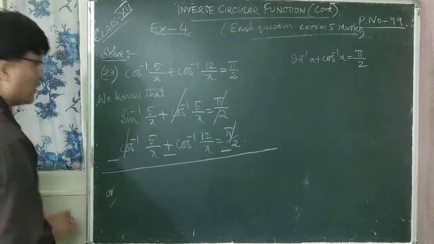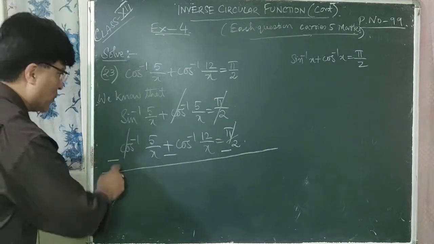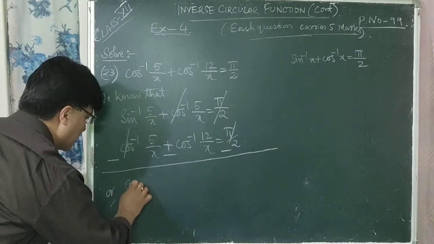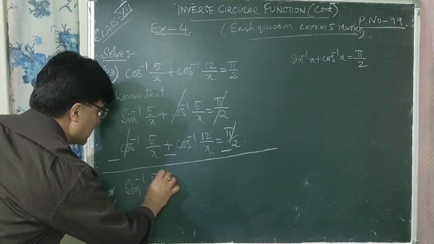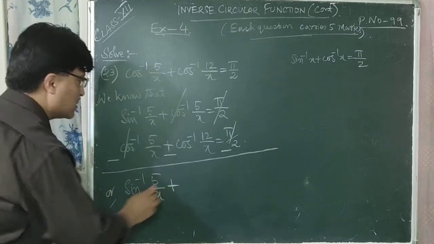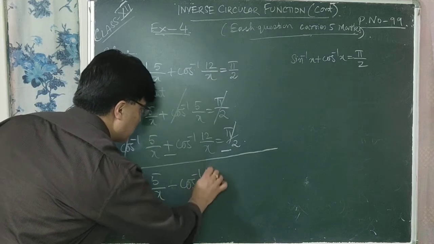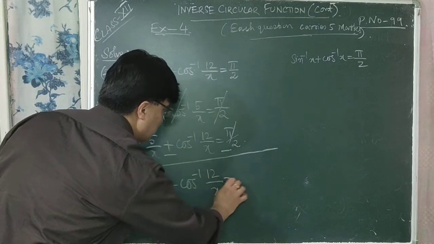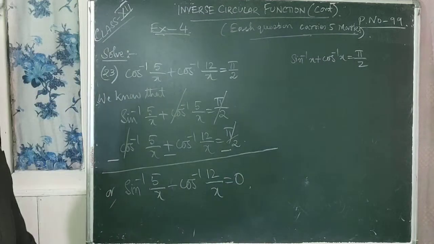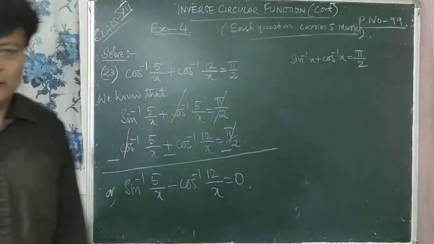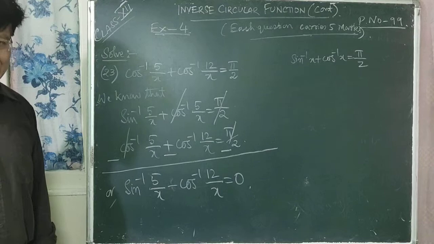So what do we get after subtracting? Sin inverse 5 by x, it's not plus, it is minus cos inverse 12 by x, which is equal to 0. Is that clear now? So now you can solve it easily.